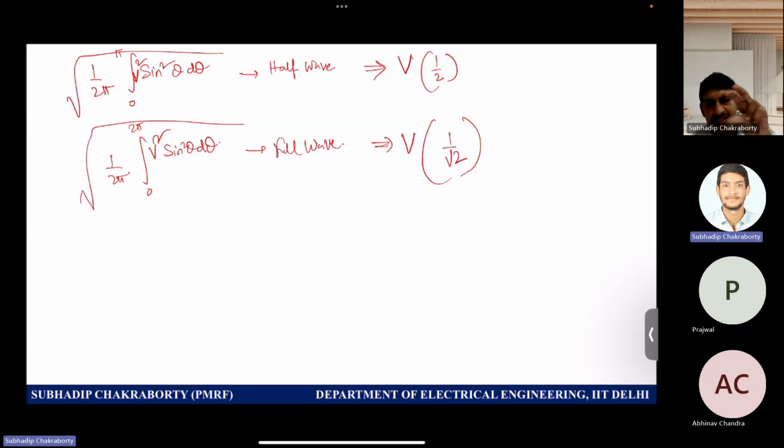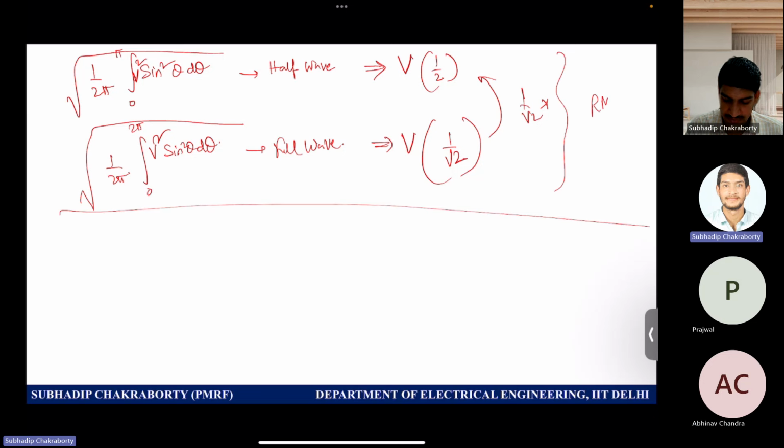Because the area contribution by 2 lobes will double for full wave. But for half wave, area contribution will be half. And you have already taken a root, so 1 by root 2 factor will come. And when you multiply 1 by root 2 factor with full wave, you get the half wave. Hope you understand.